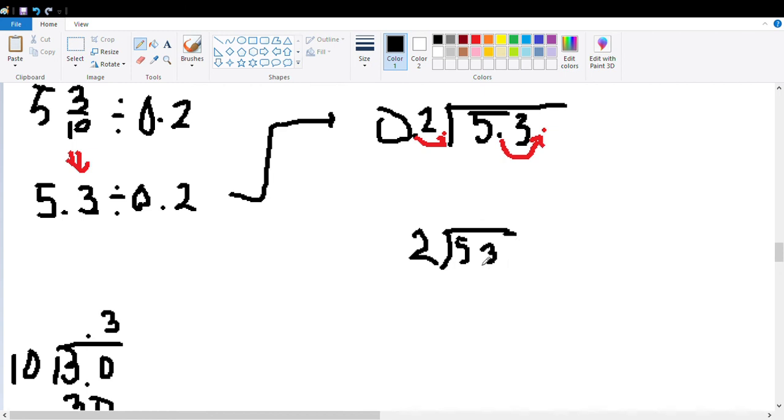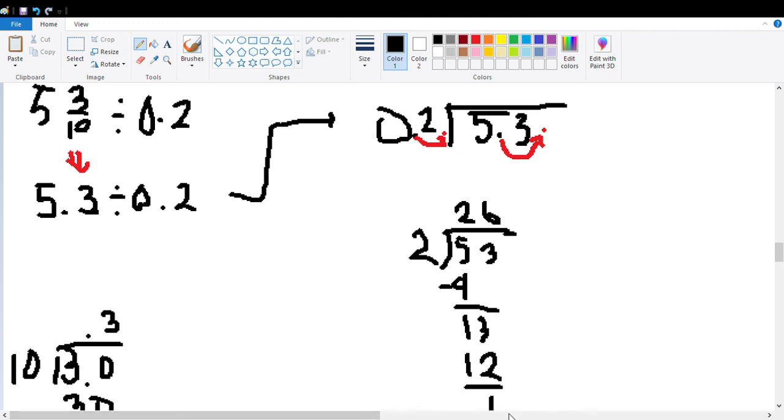Now how many 2's go into 5? 2. So that becomes 4. Subtract, you're going to get 1. Bring down 3. How many 2's go into 13? 6. So that will give you 12.